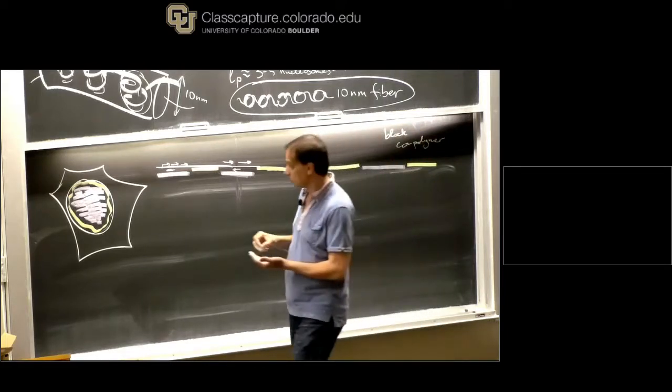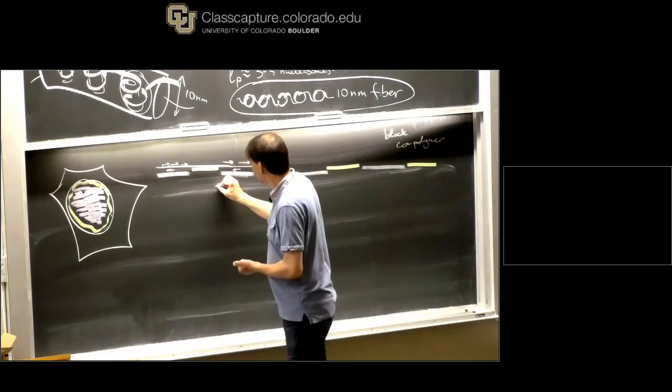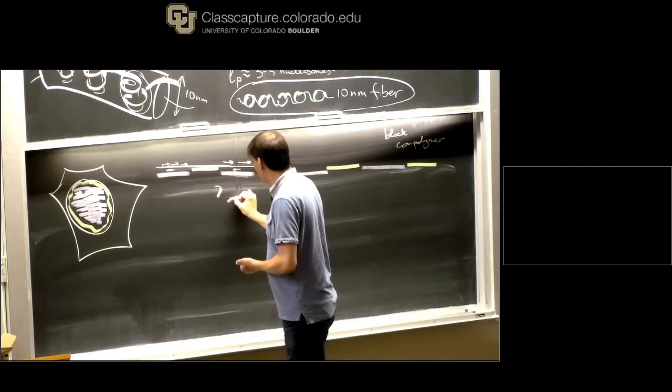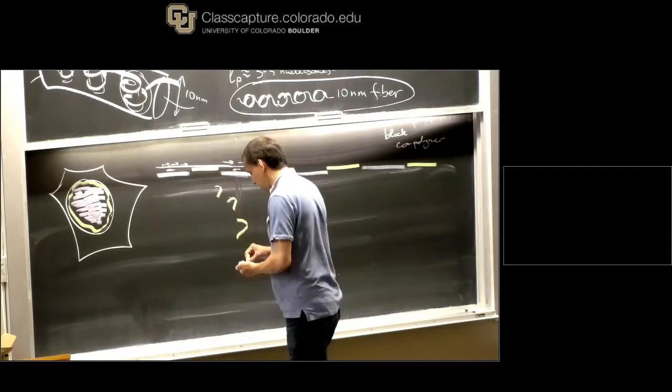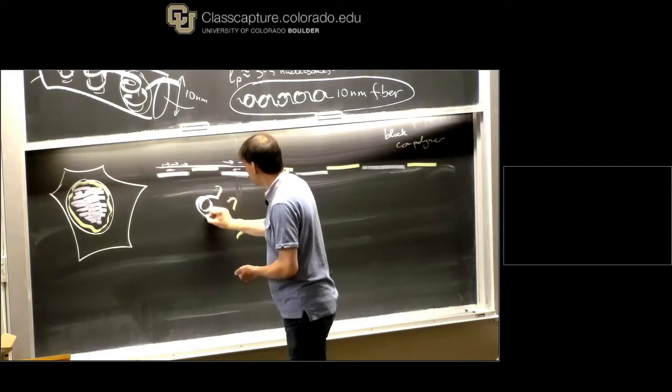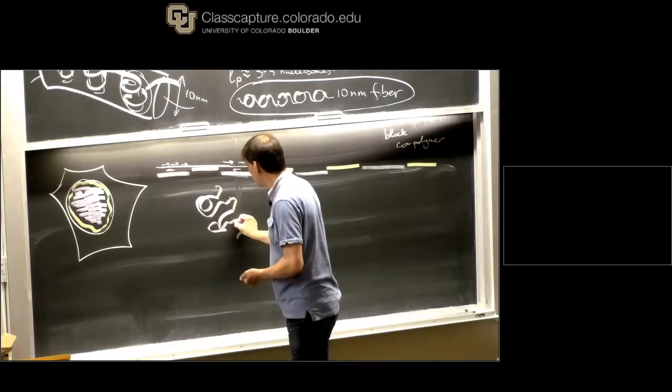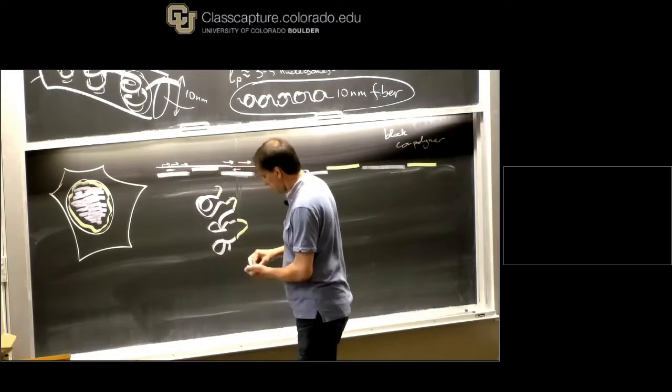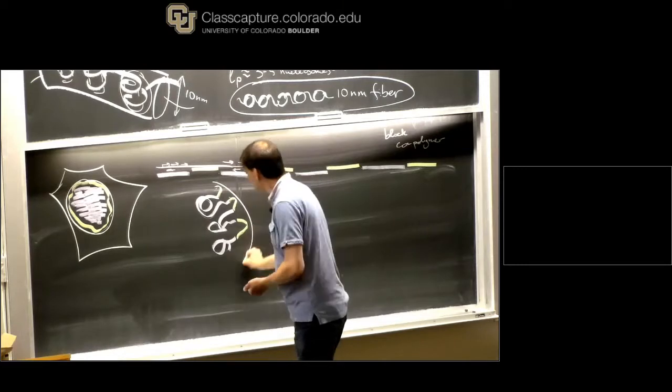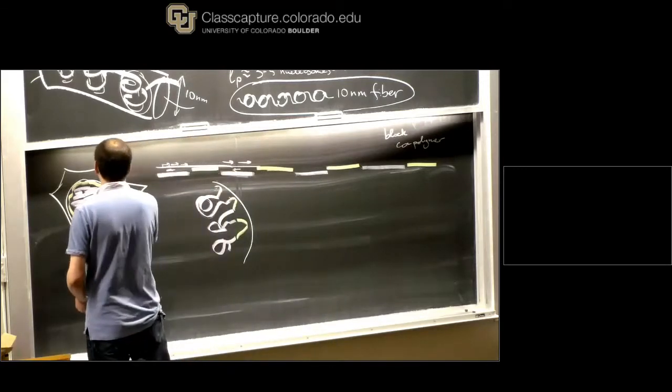In other words, there's a little green one, a little green one, a little green one, and then magenta ones are somewhere coiling here. So that's a blow up of, say, this part.